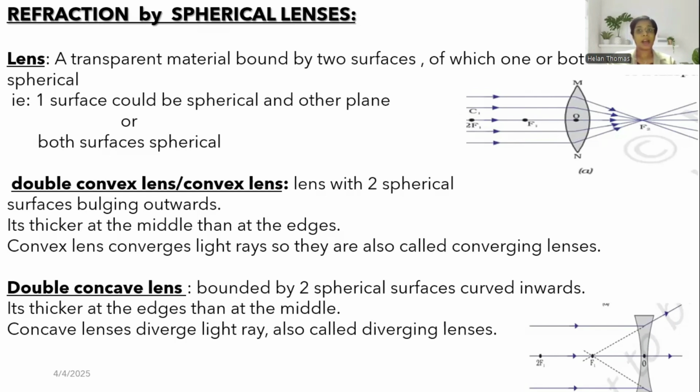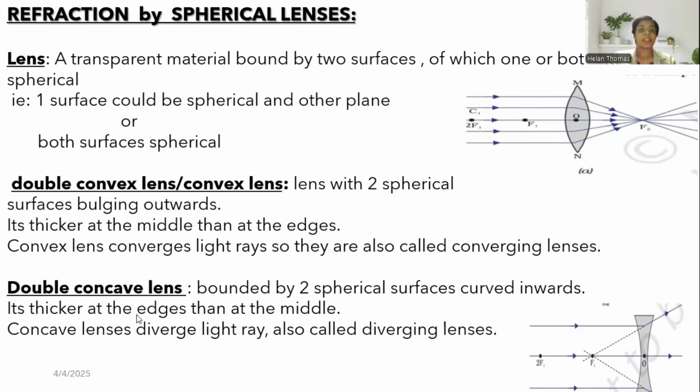So it will be thicker in the middle, while the aperture M and N, if you look at the edges, will be thin. The convex lens has this property of converging the light rays, so it's also known as a converging lens.